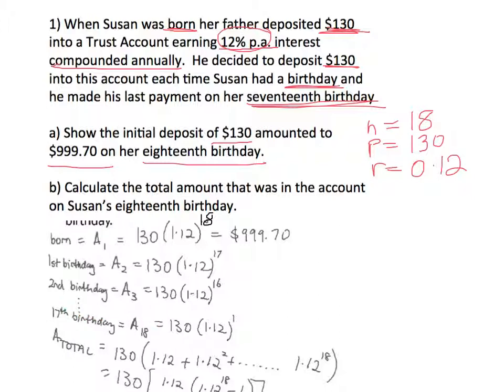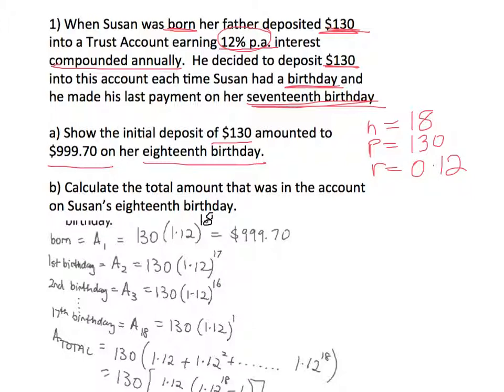On her 17th birthday, he puts in the last $130, and that $130 is only going to earn interest for 1 year, so that's why it's to the power of 1. Whereas the $130 contribution when she was born is earning interest for 18 years. The one on her first birthday will be 17 years, and then it'll go down each time.